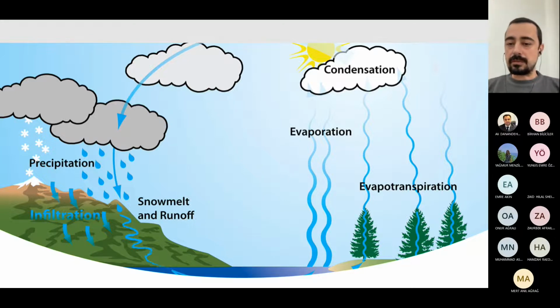That surface runoff meets with the oceans and seas, then it evaporates from the surface and from the plants, and both are called evapotranspiration. Then it condenses again, and rain or snow or any kind of precipitation falls to the surface again. So this occurrence is generally called the hydrological cycle. So let's go to the next slide.